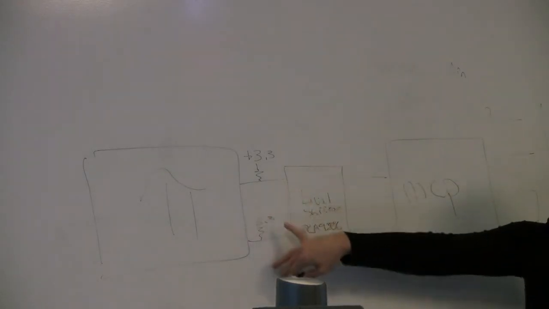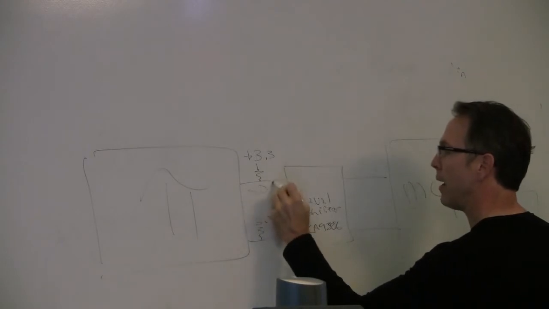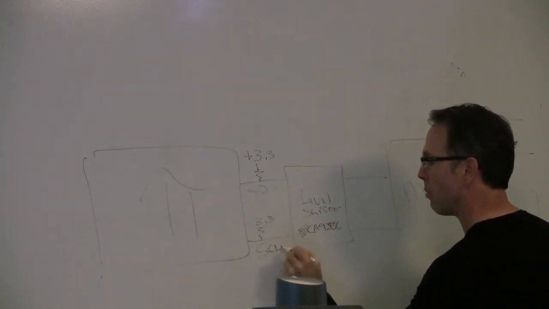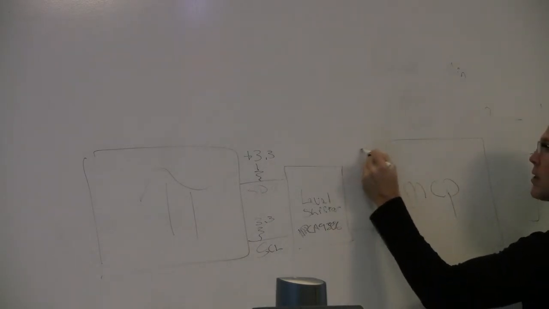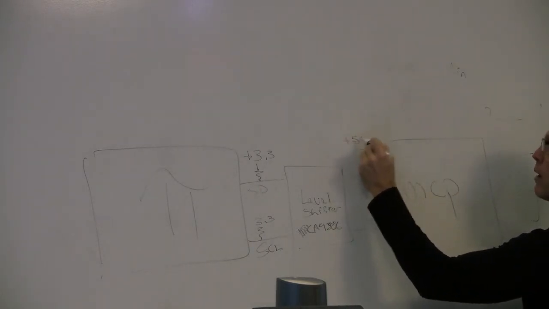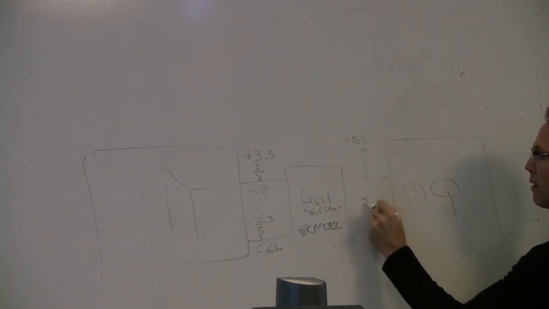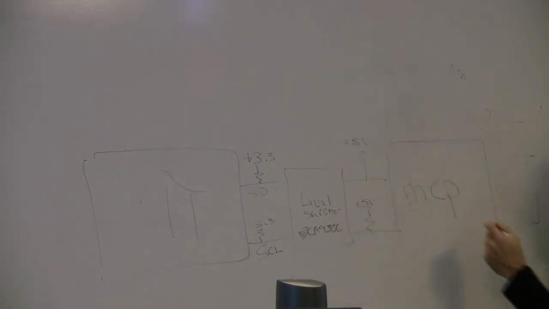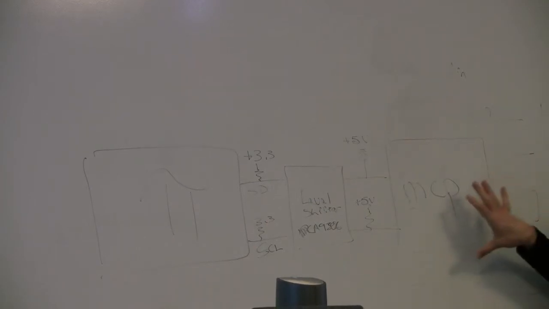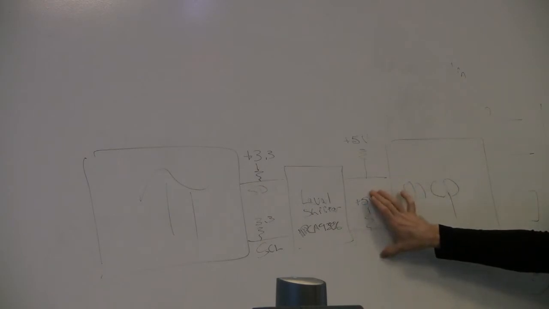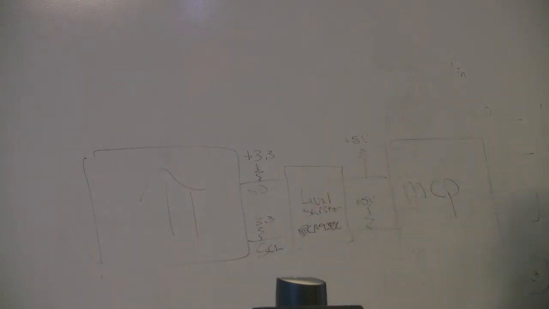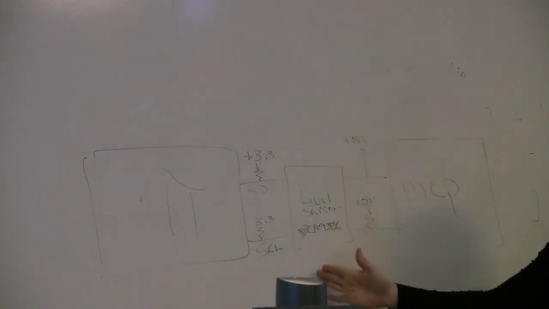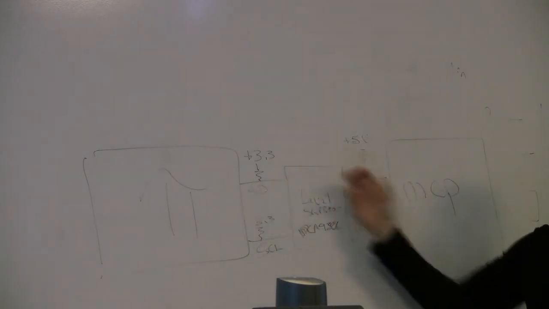But to your point, SDA and SCL are pulled high on this side to 3.3 volts, and they're pulled high on this side to 5 volts for the MCP. And so both sides see an I2C bus in the voltage that they're used to seeing. And the level shifter takes care of moving the data between the two, and it isolates those, so none of this voltage goes over there, none of that voltage goes over there.